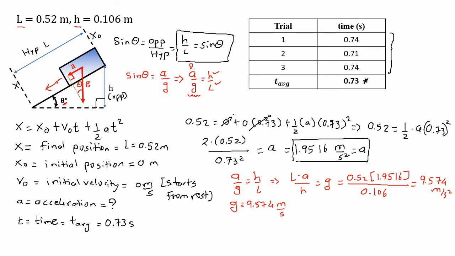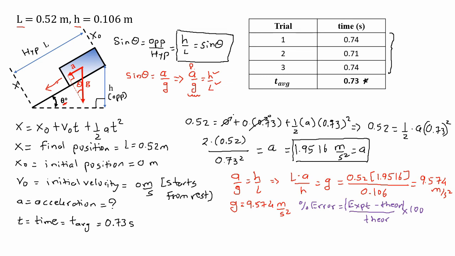Now this number here is close to 9.8. And how close? Well, we can do a little bit of percent error calculation. So let's do that. Percent error is going to be the experimental value minus the theoretical value, divided by the theoretical value, multiplied by 100. And I want to make sure that I get the absolute value of the difference.